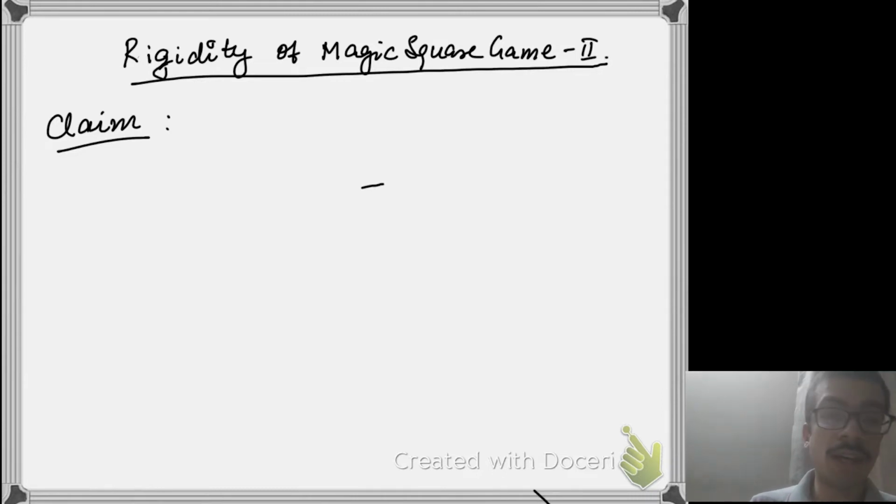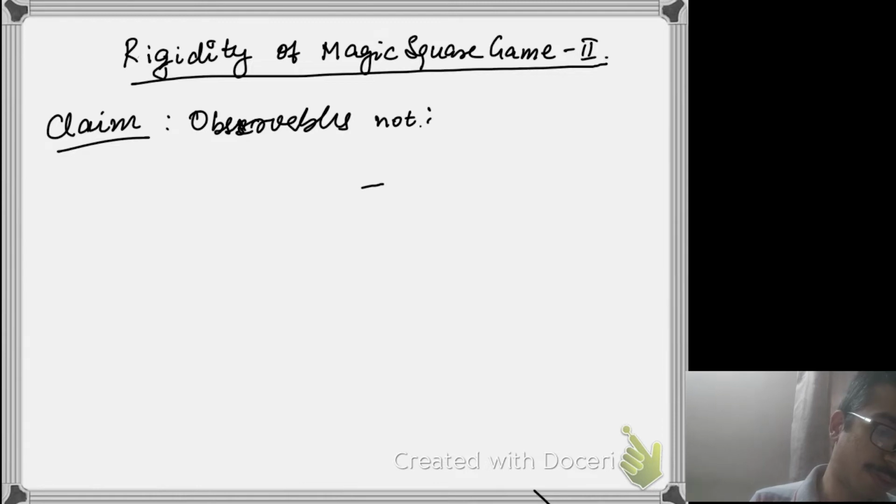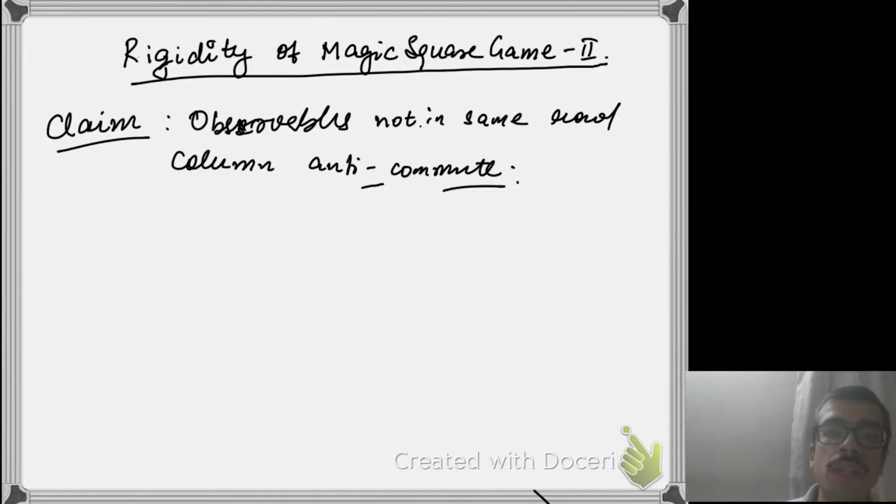Now we are making a stronger claim, which is that observables not in the same column or row anti-commute with each other. And actually we'll only need this condition for A2 and A4.